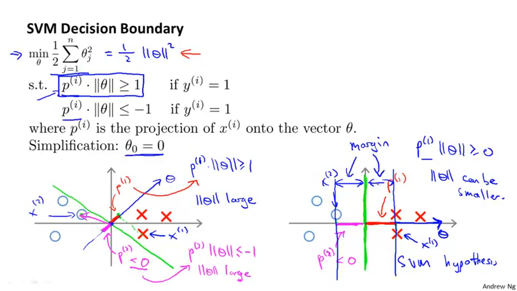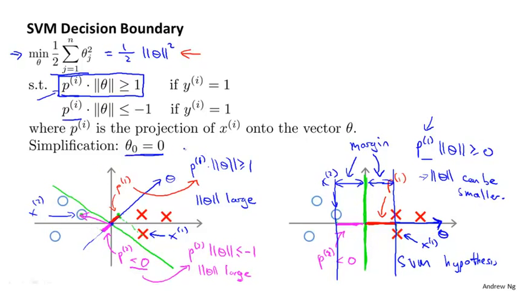The magnitude of this margin is exactly the values of P1, P2, P3, and so on. And by making the margin large, or by making these terms P1, P2, P3, and so on large, the SVM can end up with a smaller value for the norm of theta, which is what it's trying to do in the objective. And this is why the support vector machine ends up with a large margin classifier, because it's trying to maximize the norm of these Pi's, which is the distance from the training examples to your decision boundary.